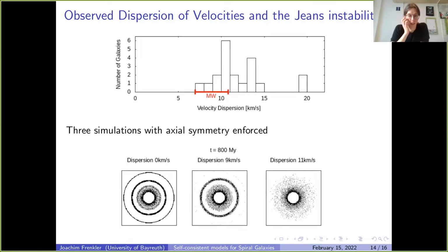The responsible instability, which destroys the 2 leftmost models, is called the Jeans instability, and it triggers when the dispersion of velocities is too low. We can stabilize a disk against this instability by increasing the dispersion, and this is what happened in the right model. And this Jeans instability does not only rearrange the masses, it also increases the dispersion again.